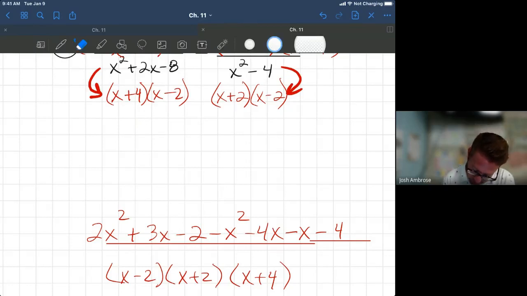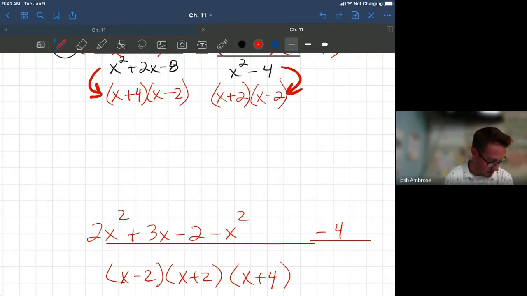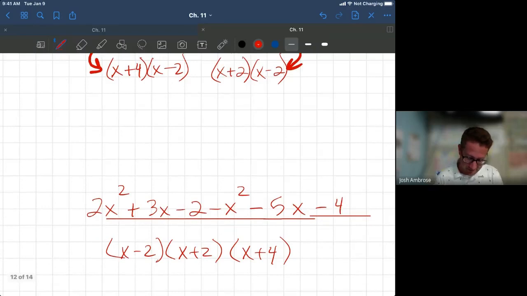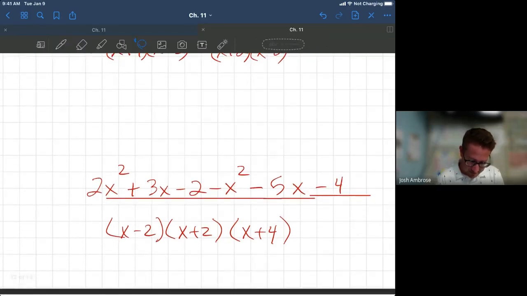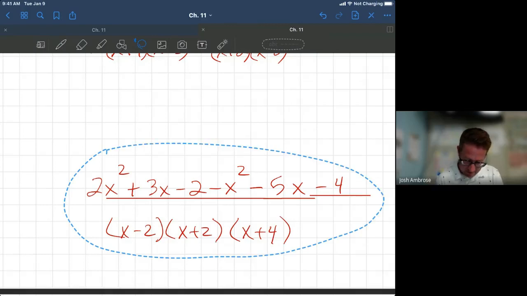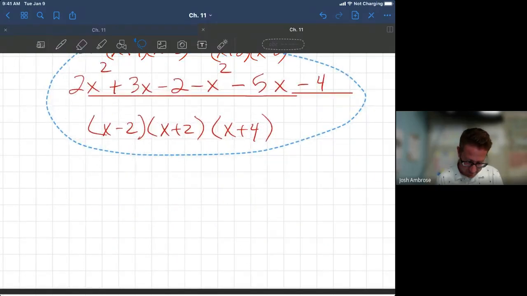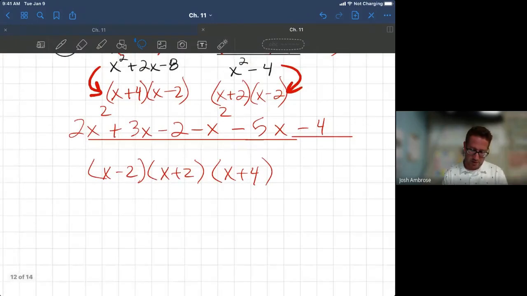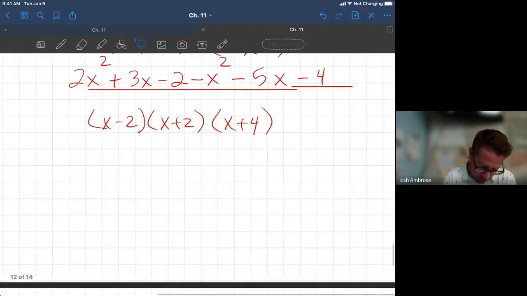So when we simplify them, we get a -5x. All right, and we are almost done, but we have more like terms. I'm going to get some more space here. Let's bring this up a bit, so that way we can work underneath it with a little bit more space.